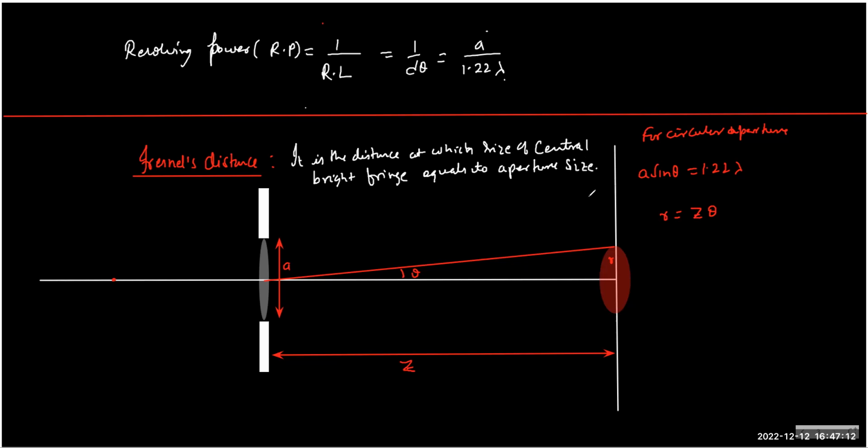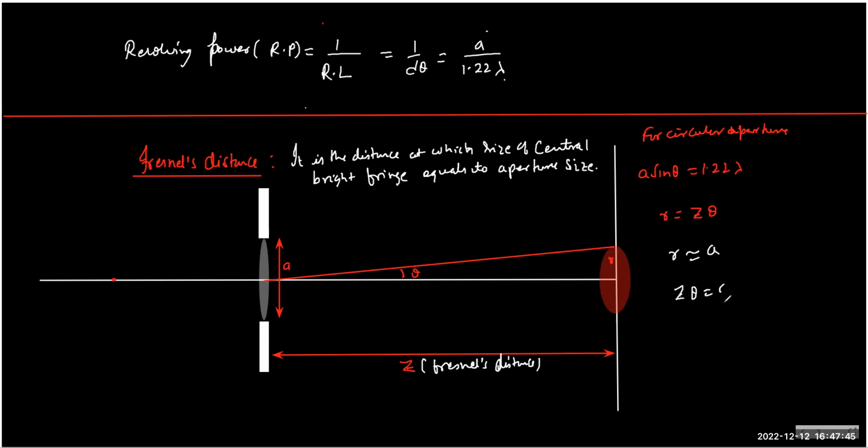Here size means the radius actually. So we take R equals A, and then the value of R becomes A, and we call this Z the Fresnel distance.